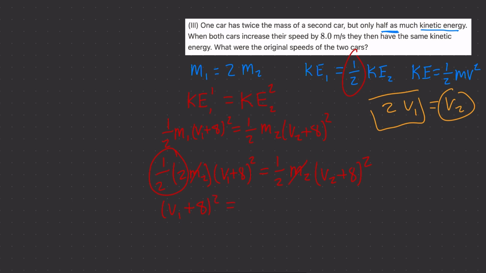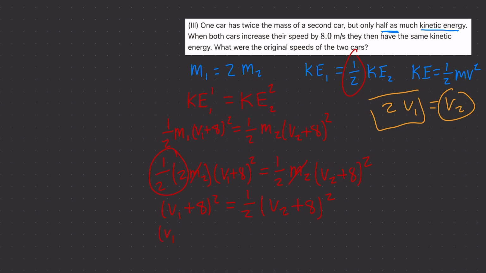V1 plus 8 squared is equal to 1/2 V2 plus 8 squared. Now, I have a relationship about how V1 and V2 relate to each other, so I can plug that in for one of these, all right? I'm going to plug in that V2 is equal to 2V1. And so let me rewrite the next step.